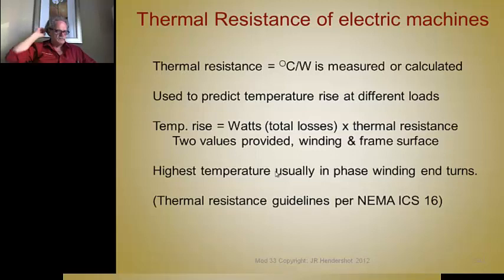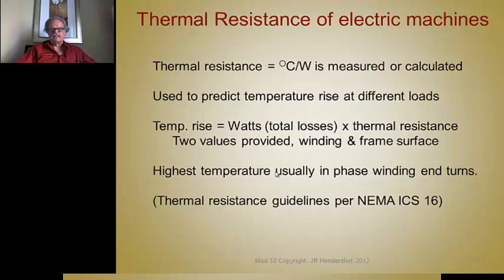And the way they measured thermal resistance is they mounted the motor to a 9-inch square, 1/4 inch thick aluminum plate, and they hung it up from the ceiling on wires, and then they locked the shaft, and they fitted the windings and the surface with thermocouples, and they monitored the temperature with a data acquisition system as they applied a certain number of watts to the machine.